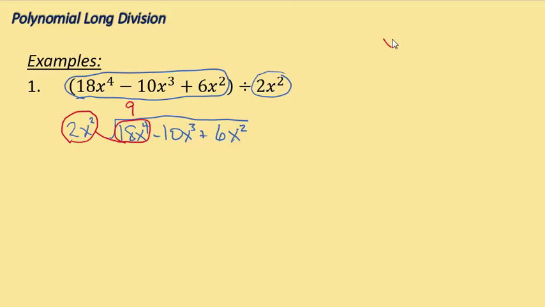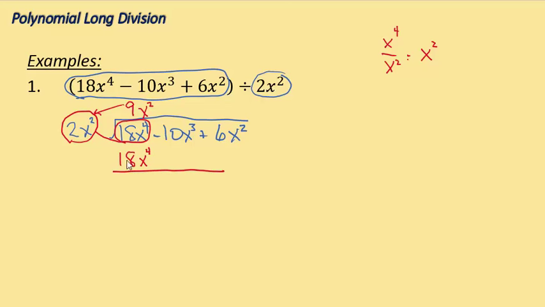And then x to the 4th divided by x to the 2nd. When we're dividing, we subtract exponents, so 4 minus 2 is 2. So I'll write x to the 2nd. Now I take 9x squared and multiply it back by 2x squared, and that gives me 18x to the 4th.